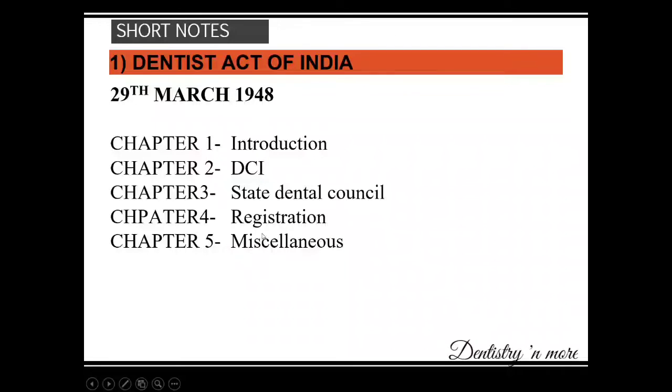Chapter 4, State Dental Council means the constitution, the roles and duties of State Dental Council, similarly with the DCI. Chapter 4 explains about the registration process, transfer of registration, all those things. And the last chapter, miscellaneous, is about the punishment, the obligations, and a little bit about the ethics of dentists towards the colleagues and society.